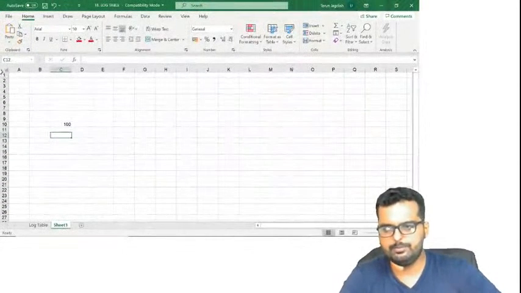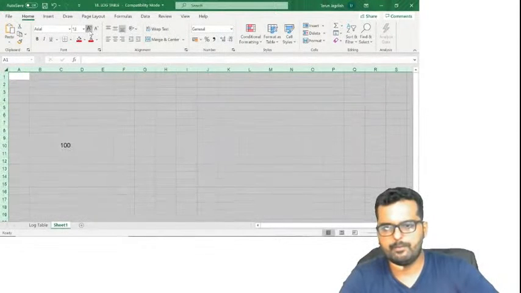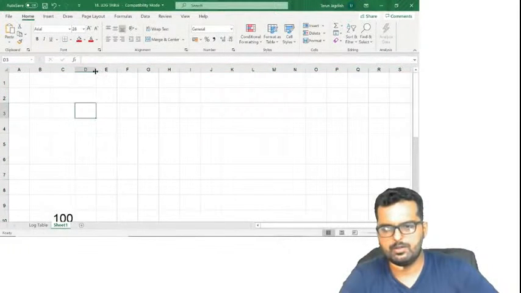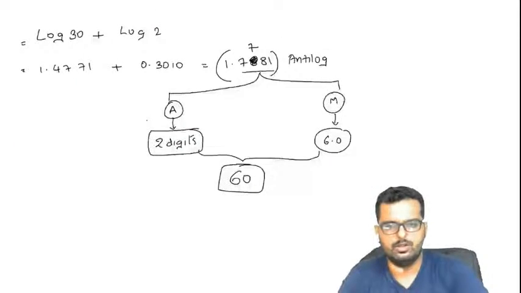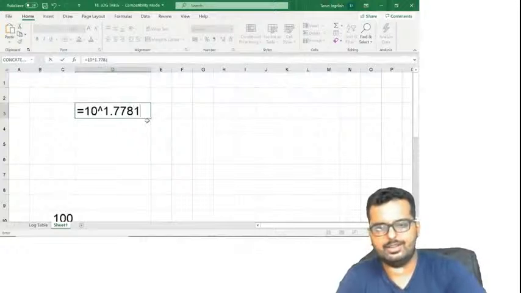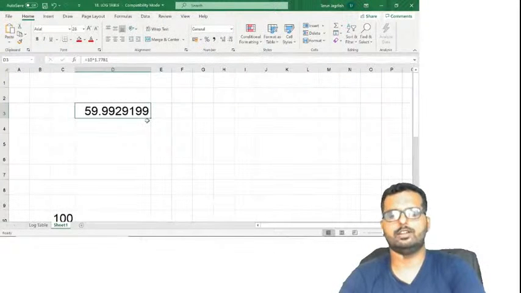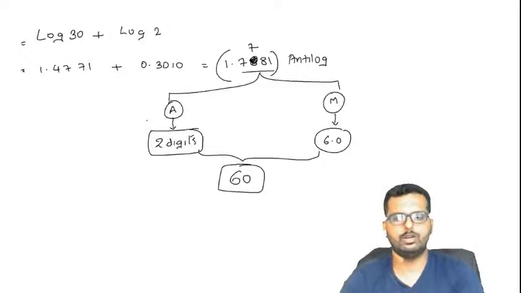Can you see the screen? Equal to 10 raised to 1.7781. That will give you the answer as 59.99, or that is equivalent to 60. Have we got almost the same answer over here?